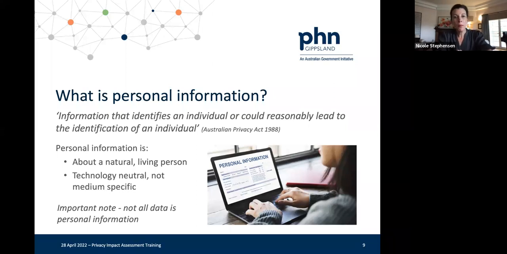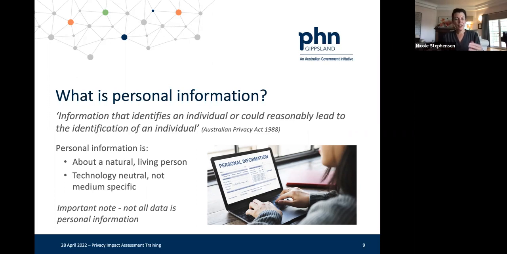So in some places around the world, privacy rights attach to people who are deceased, not so here. And personal information is technology neutral, and it's not medium specific. What I mean by that is that personal information doesn't have to be something that's gathered in a particular way or gathered via a particular technology.